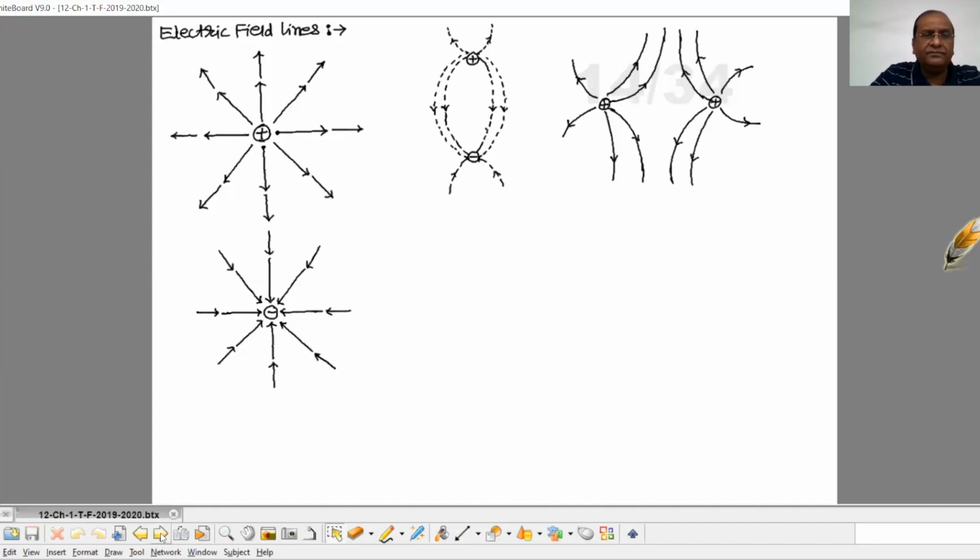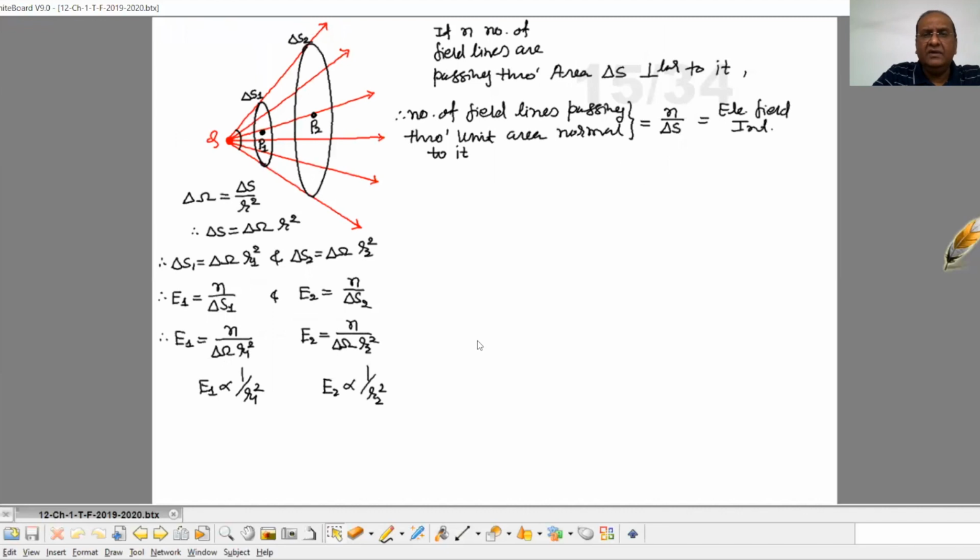Now, the proportionality of electric field on the distance. To understand this, let's consider one point charge, capital Q. Its electric field is prevailing in the surrounding of it in the outward direction.